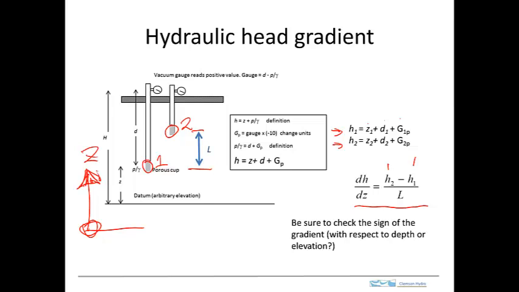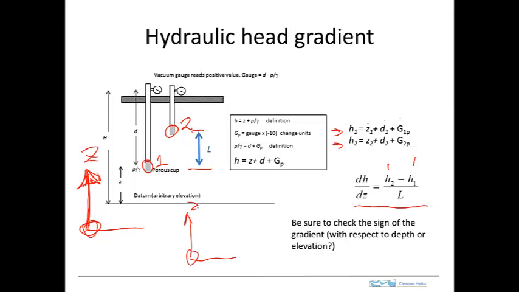And that'll be important when we're using Darcy's law, because then we'll be able to tell that in this case, a positive gradient would be the head increasing with z. And so a positive gradient would plot like this.